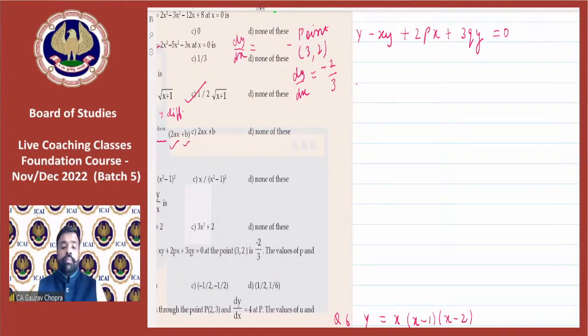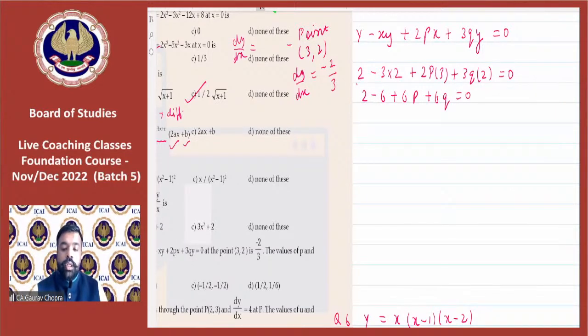So if we input the value 3 comma 2 in place of x and y, then see what will happen, because this is the point. 3 is the value of x and 2 is the value of y. So 2 minus 3 into 2 plus 2p multiplied by 3 plus 3q multiplied by 2 is equal to 0. So what is left? 2 minus 6 plus 6p plus 6q equal to 0.